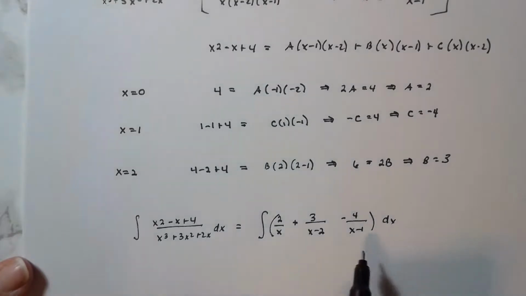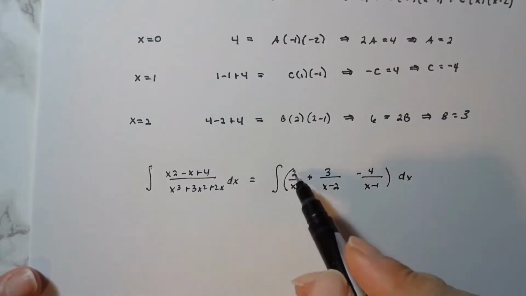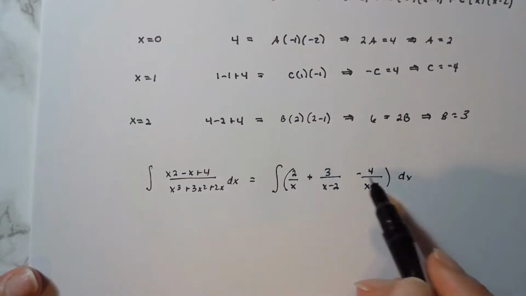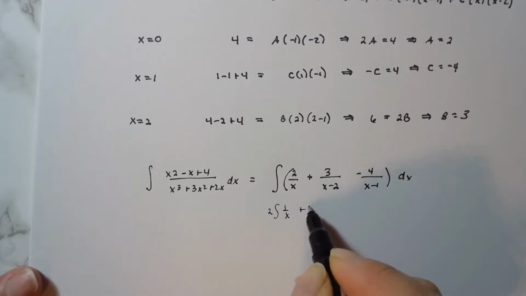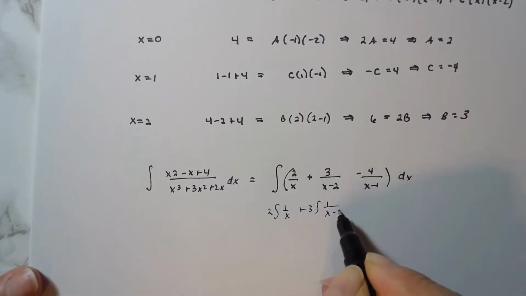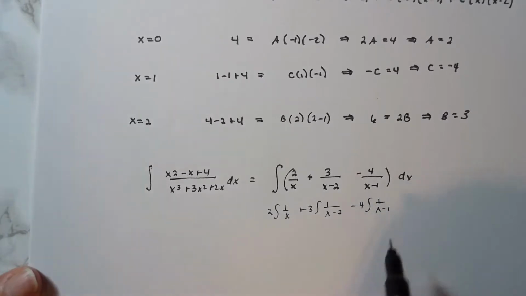And if I integrate each one of these, this is all natural logs, right? And these are constant multiples in the numerator. So you can think of this as 2 times the integral of 1 over x plus 3 times the integral of 1 over x minus 2 minus 4 times the integral, like this. That's how you can think of that, okay?